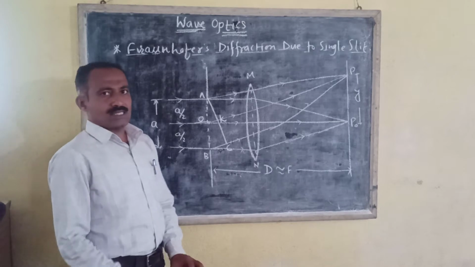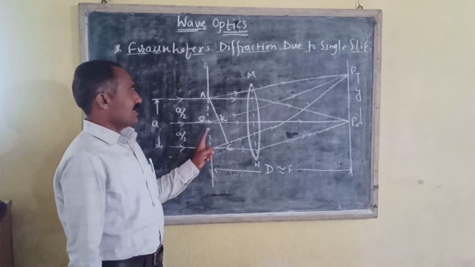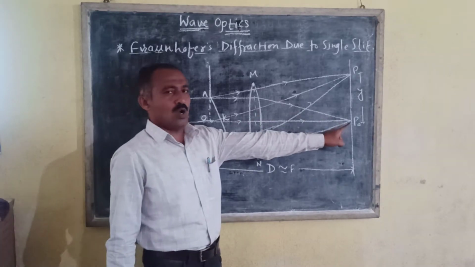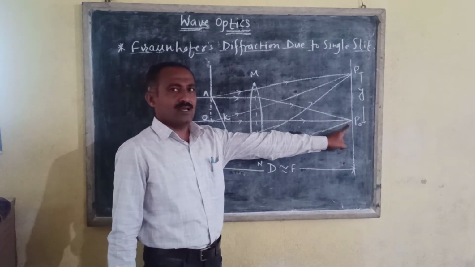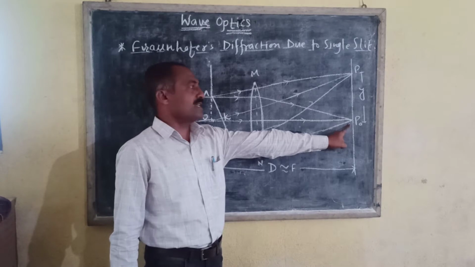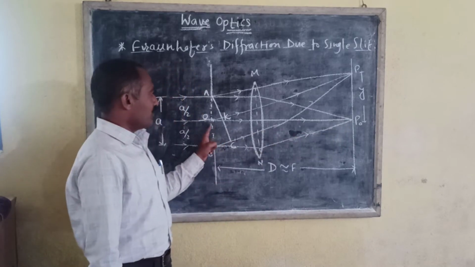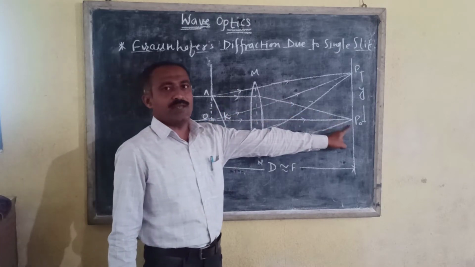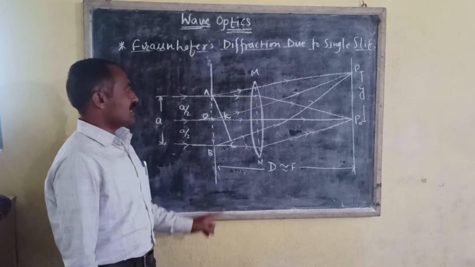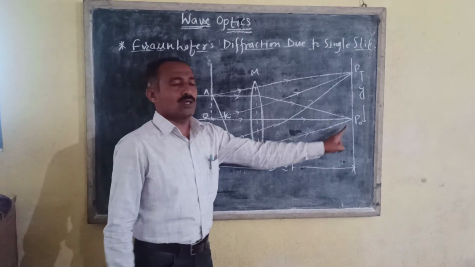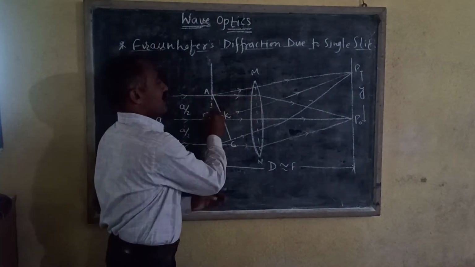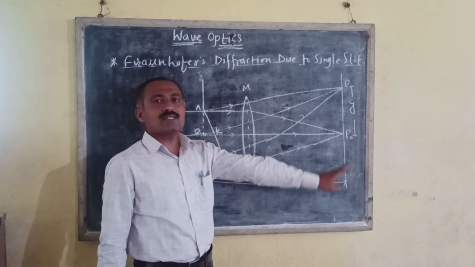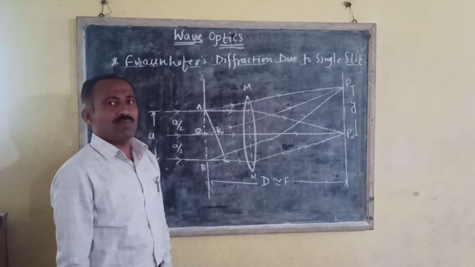The light rays from the slit reaching the point P0, all the light rays which are symmetric, focus directly at P0 on the screen, and all the rays which are parallel to OP0 and reaching P0 cover equal path length.